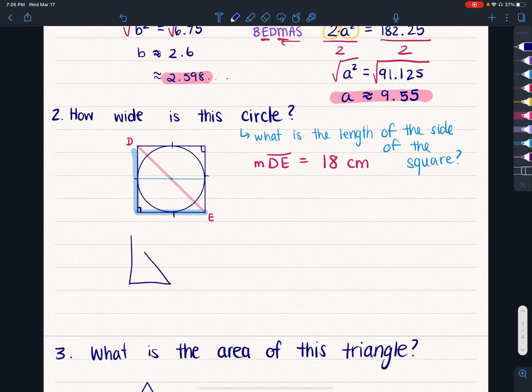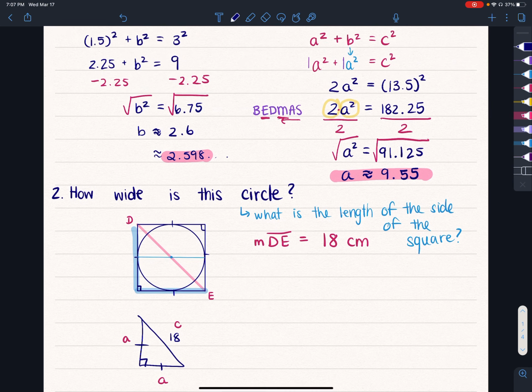So if I pull out the triangle, I know that these two sides are the same, and I know that this length here is 18, and that this 18 has to be c because the right angle is looking over at it. And since these two sides are the same, I can do the same thing I did before, and I can label both of these as a.